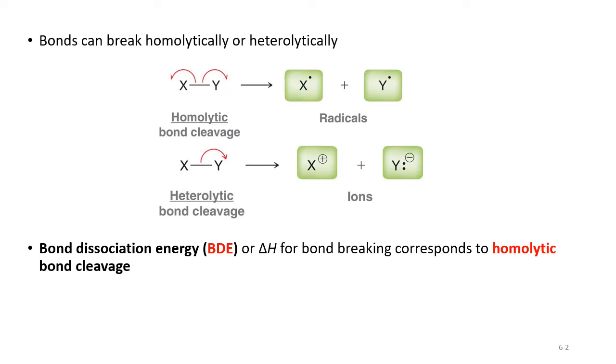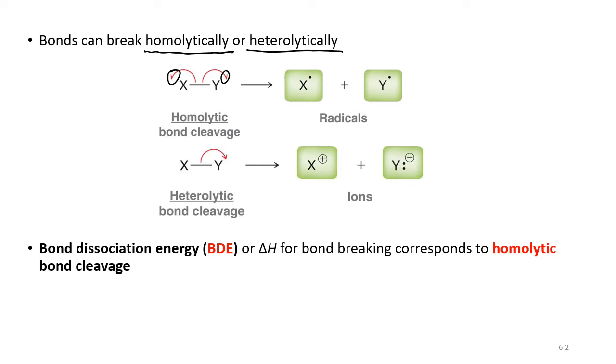So when bonds break, they can break in one of two ways. They can break homolytically or heterolytically. Homolytic bond cleavage generates radicals. And notice we have a single-headed arrow. A double-headed arrow represents the transfer of 2 electrons, where a single-headed arrow transfers 1 electron.